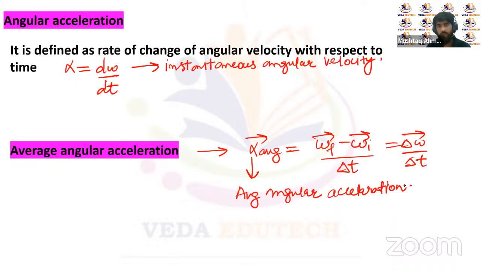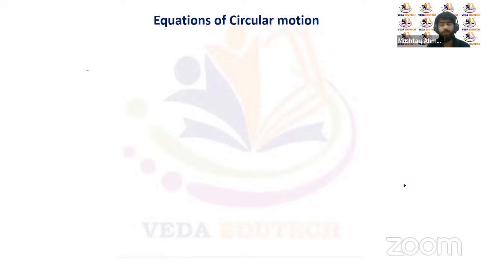Now let's derive the different equations of motion for a circular motion. We know that in case of motion along a straight line or motion in two dimensions, we derived the equations of motion, which were based on the fact that the acceleration of the particle should be constant. Then we arrived at certain equations of motion.